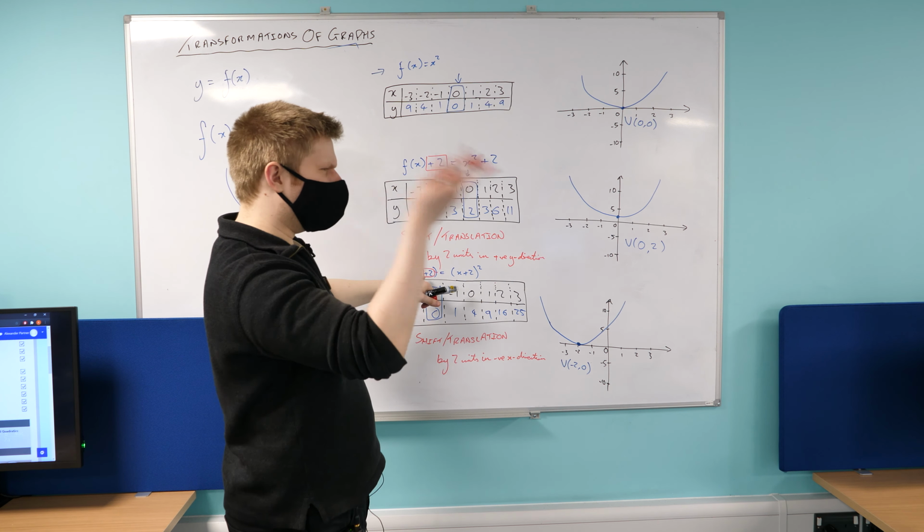So the first thing that we looked at was a shift, or a translation, whatever you want to call it. And we basically noted, so we did the y direction first. So in order to do this, if we start off with some function of x, so y equals some function of x, we basically noted that if we want to move the whole graph upwards by however many units, we just need to add that on after we've applied the function.